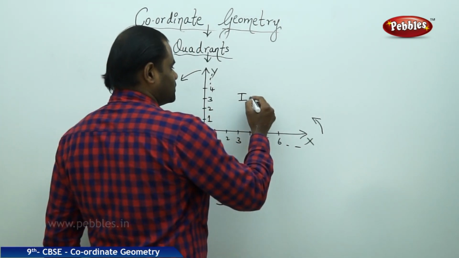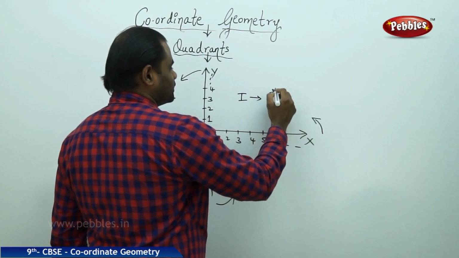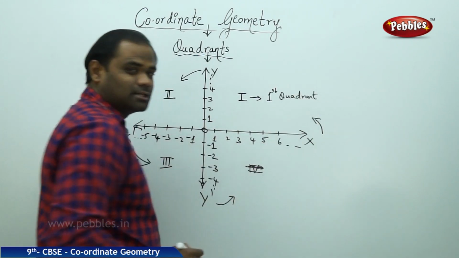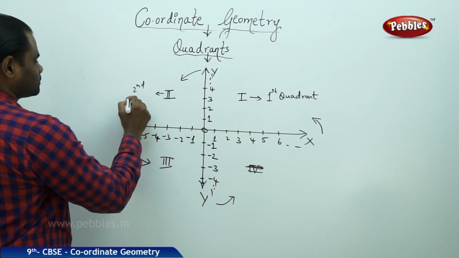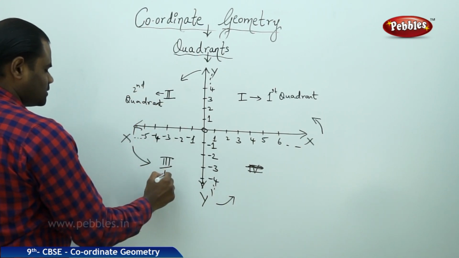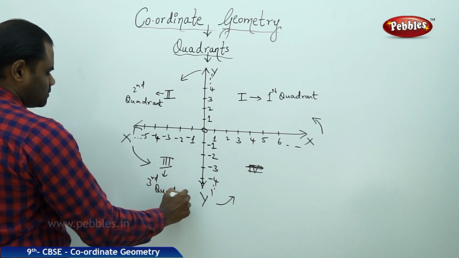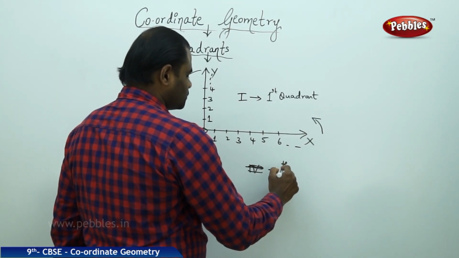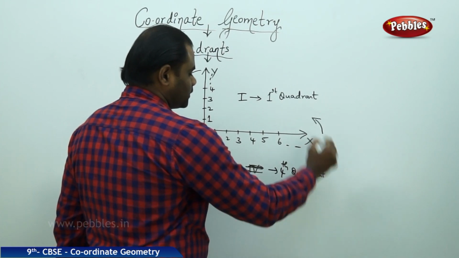So this is referred to as the first quadrant, and this is referred to as the second quadrant, and this is referred to as the third quadrant, and this is referred to as the fourth quadrant.